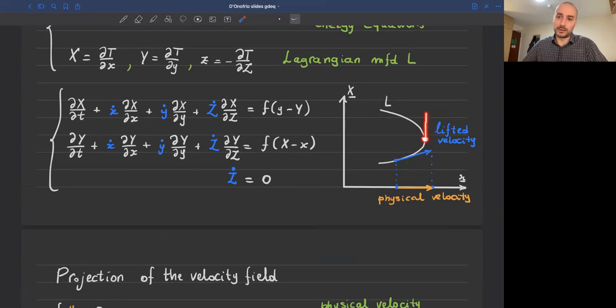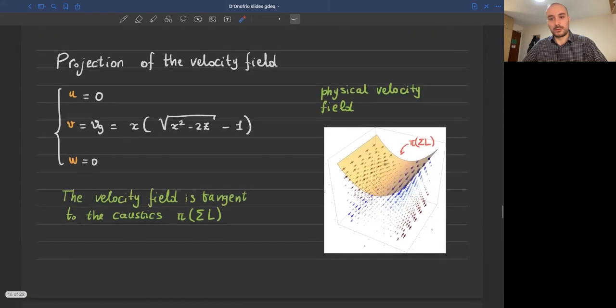Because if I have a velocity vector over here in the singular point, then it would have zero projection in this schematic view, right? And this means that the physical velocity field is tangent to the caustics.